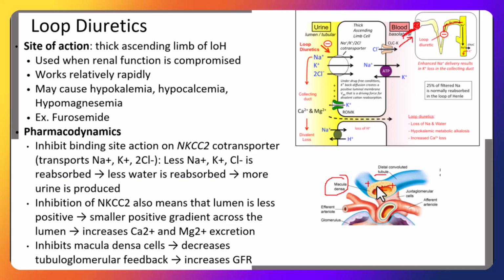This image here shows you, and this is just zoomed in on that distal convoluted tubule, but it's showing that under normal circumstances, that distal convoluted tubule where those macula densa cells are is actually located in close proximity to that afferent arteriole. So just to help you orient yourself, it's not shown here, but this is what would be the glomerulus, that big ball of capillaries that is also here.